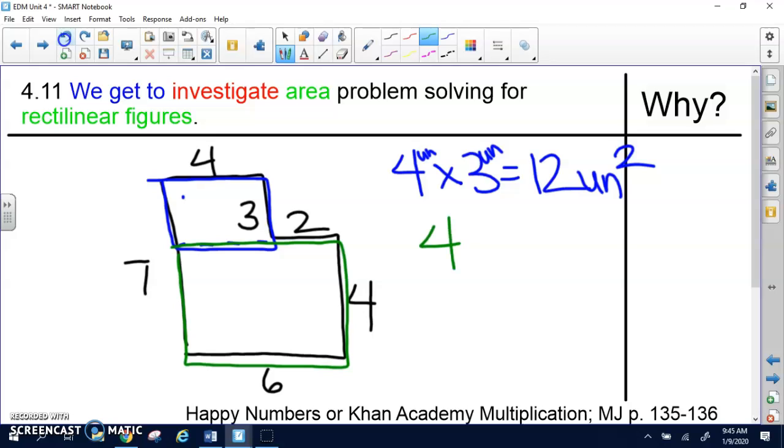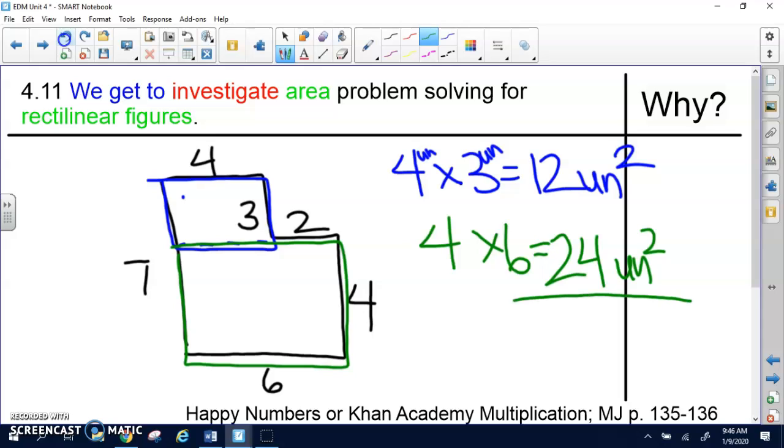We do 4 times 6, which is 24. So you'd be looking at 24 units squared. Now, because they're a combined figure, you combine your dimensions here and come up with 36, whatever the units are squared in this case. Thumbs up, thumbs sideways, thumbs down. How are you feeling about that?